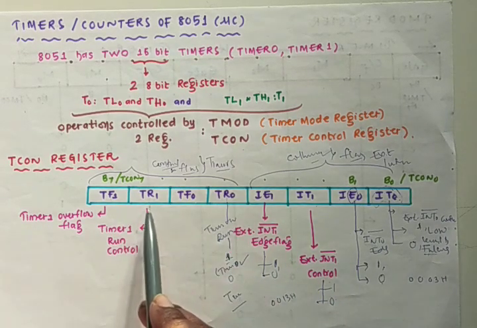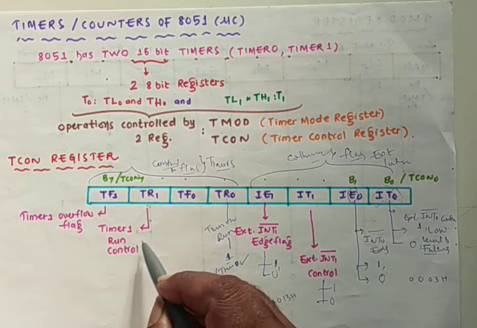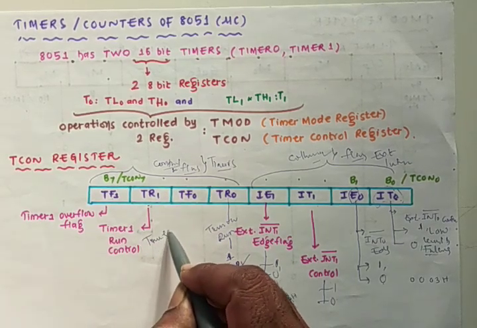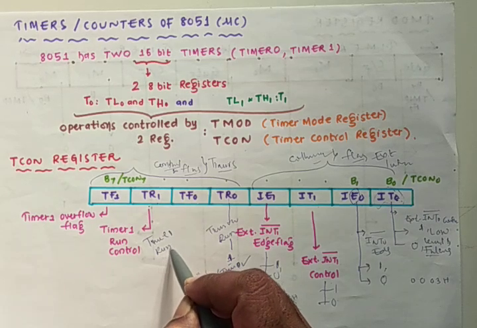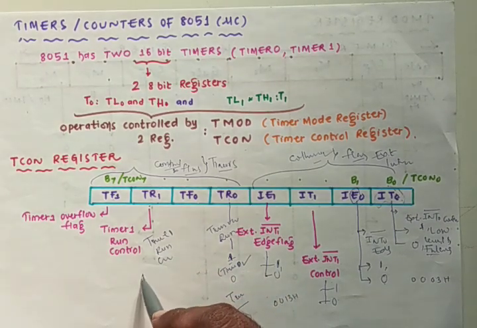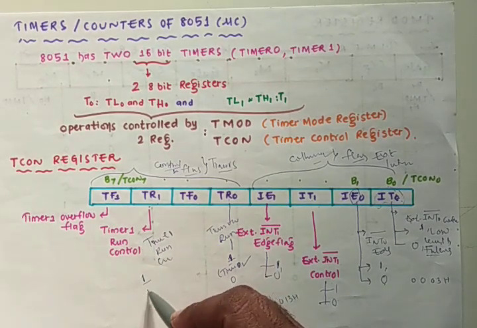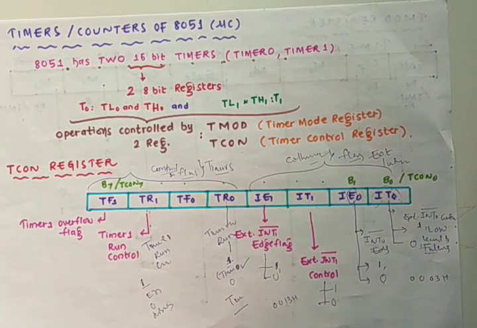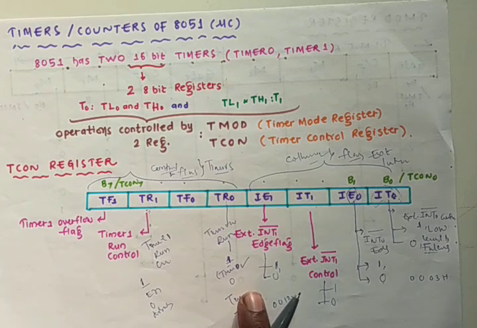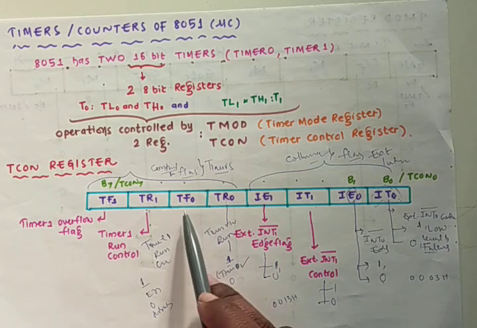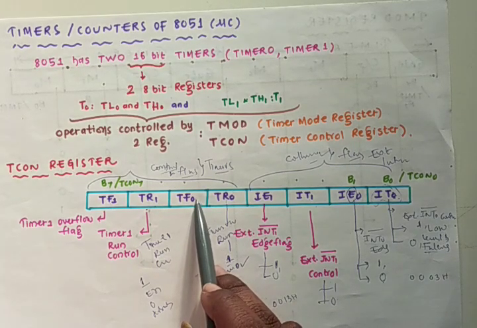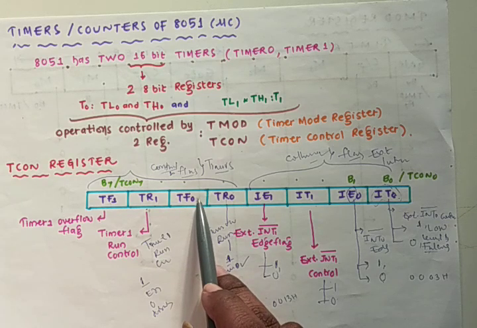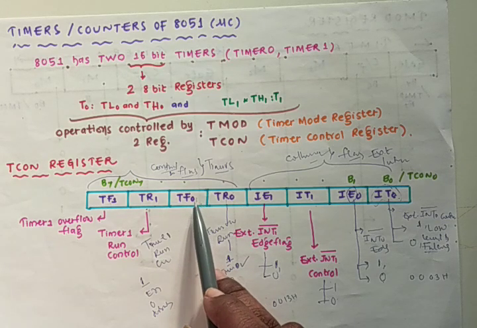Same thing here also, TR1. What is it for? Timer 1 run control. If it is 1, timer 1 will be enabled. If it is 0, timer 1 will be disabled. This is complete. And coming to TF0, it is a flag, the timer 0 overflow flag.